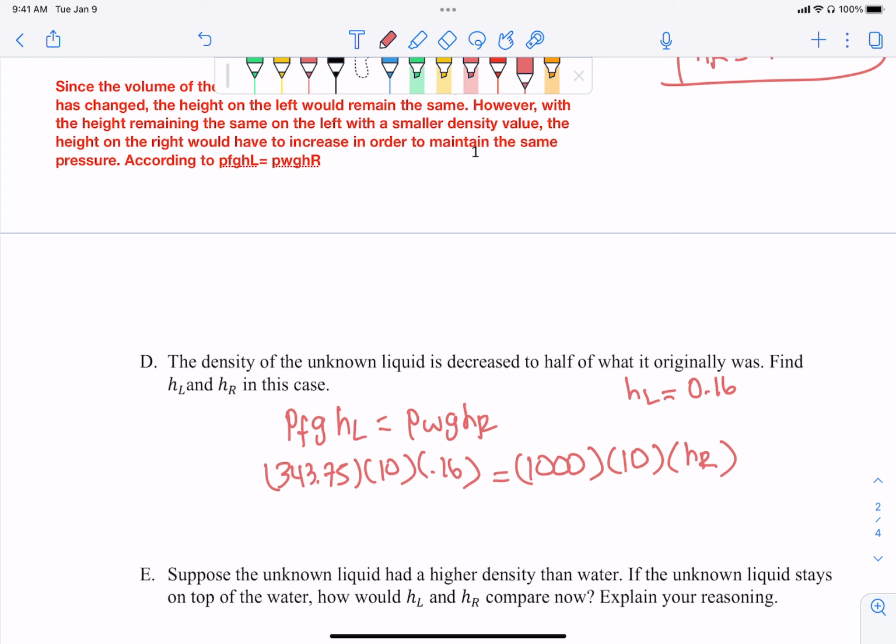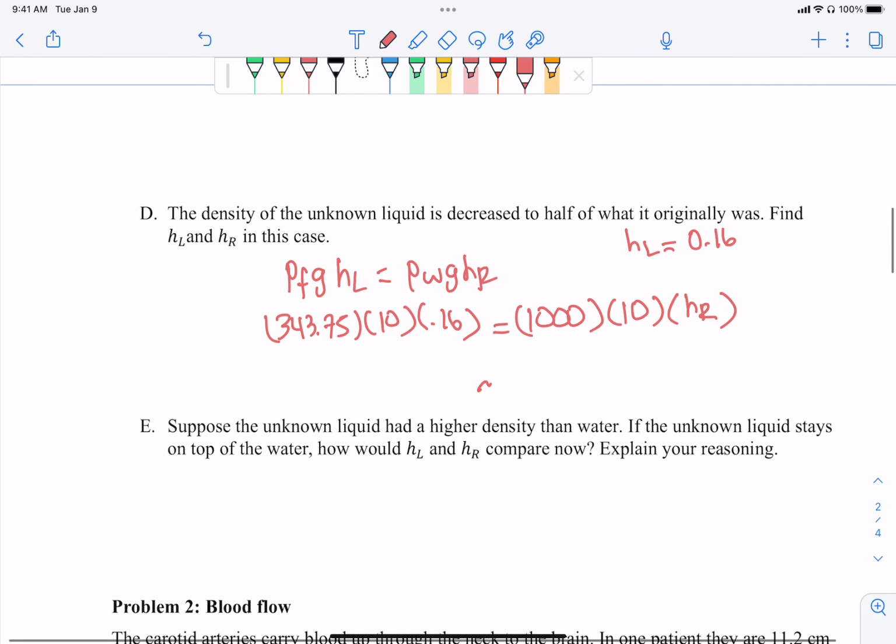But that should give us HR, right? So we should have 0.055 meters, yep. And that's 5.5 centimeters as well.